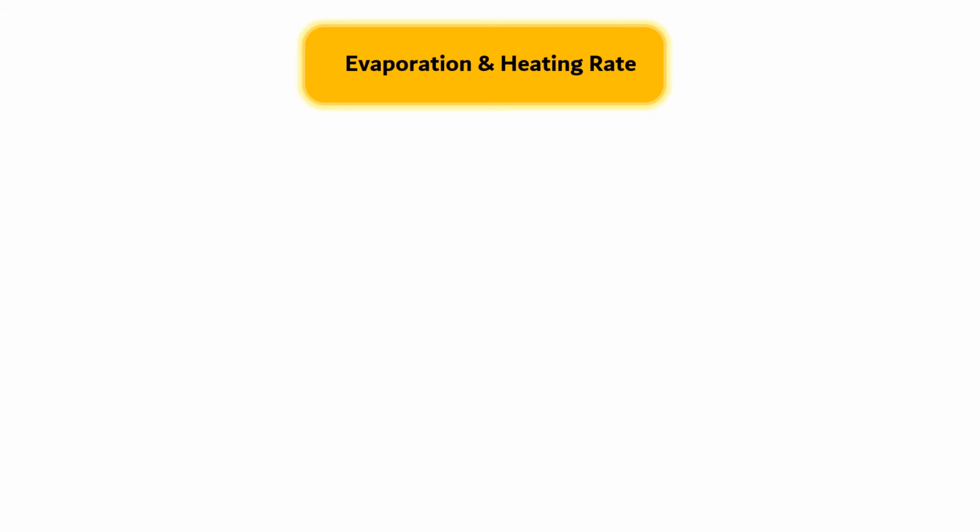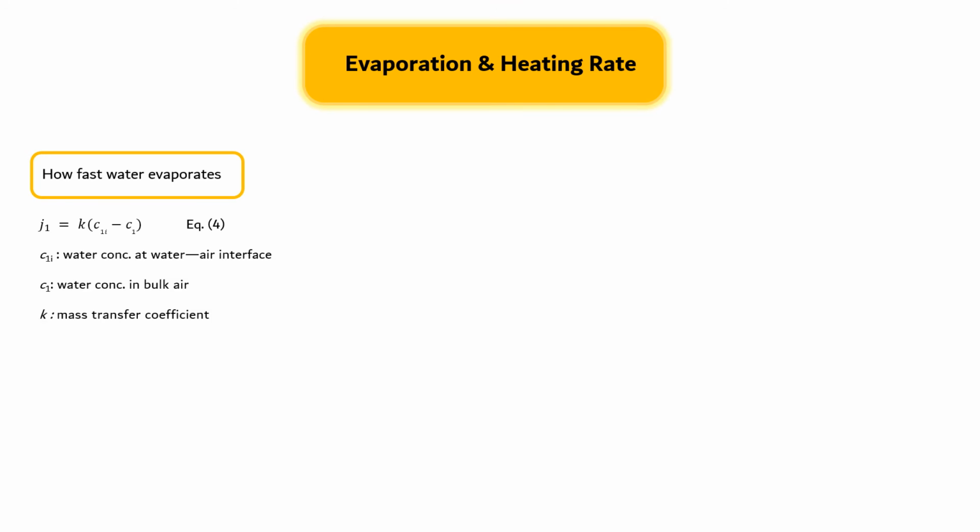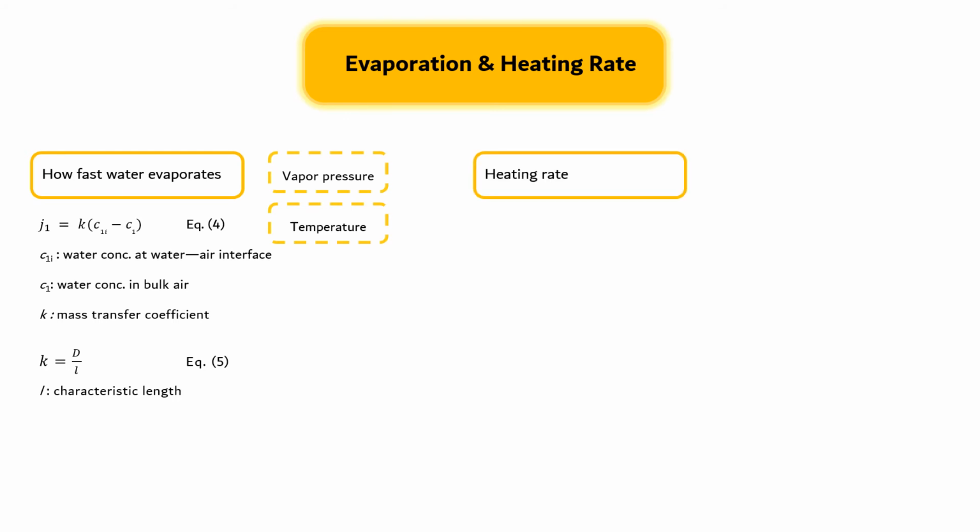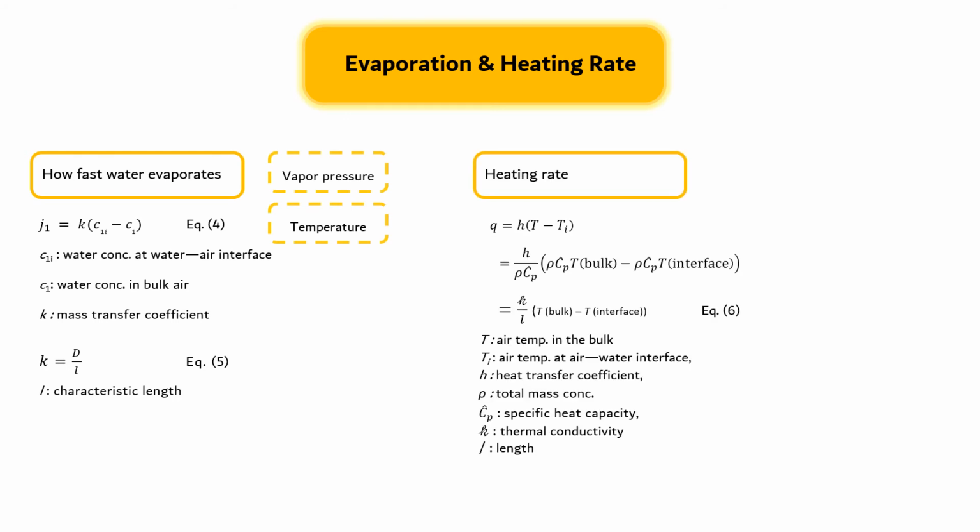In order to know how fast water evaporates from an object, the evaporation rate per area can be calculated using equation 4. The mass transfer coefficient is closely related to the diffusion coefficient as shown in equation 5. Because the evaporation rate is a function of the vapor pressure, it is also a function of temperature and hence of the rate of heating, which can be expressed as shown in equation 6.